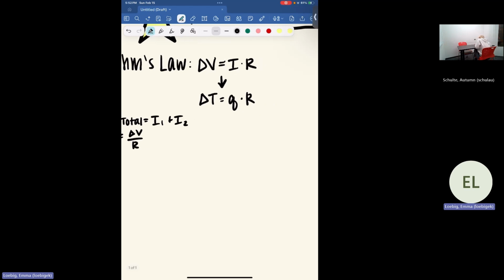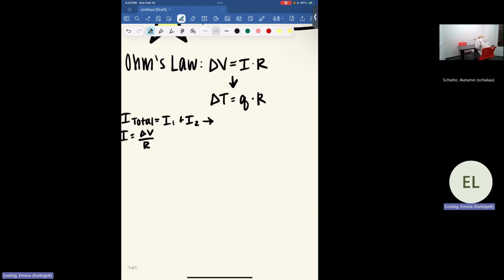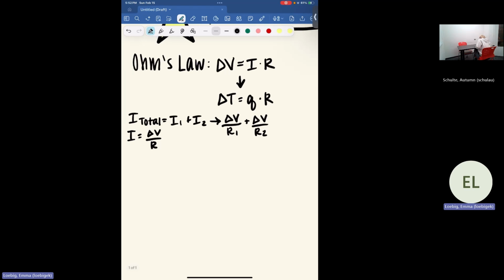So it's going to be our change in voltage over the resistance at resistor 1 plus the change in voltage over the resistance at resistor 2.